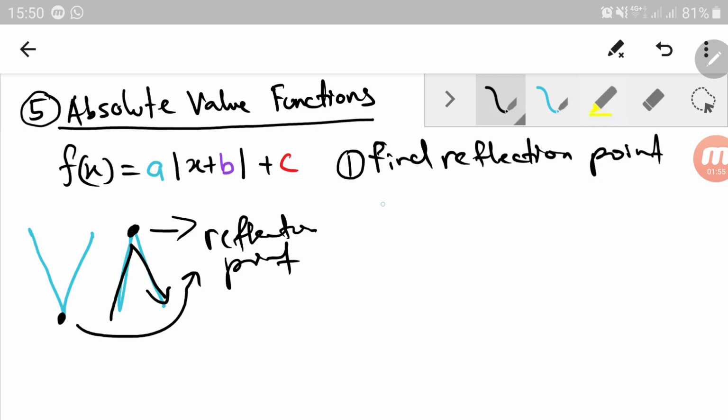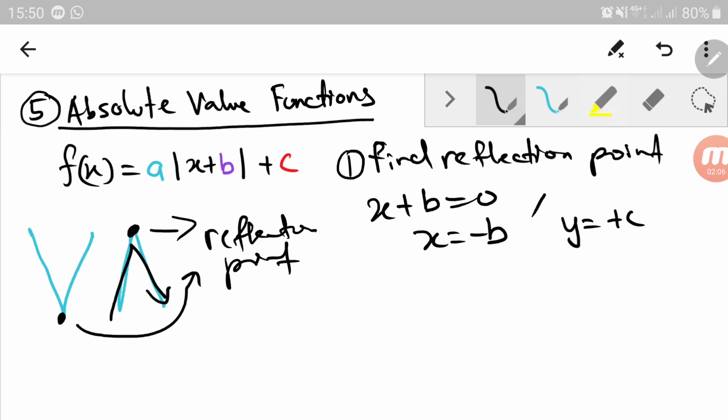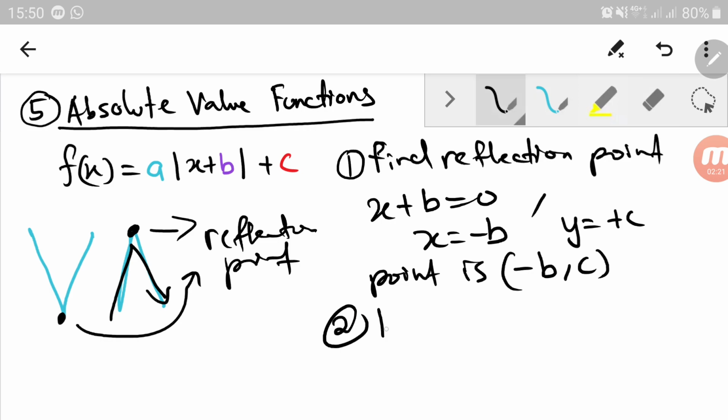How to find the reflection point? Easy. How to find the x? Easy also. x plus b equals 0, so x is minus b. Now how to find the y? Y is even easier. Y, just take plus c. Settle. Now what is the coordinate? The point is at (negative b, c). And then next, look at a.